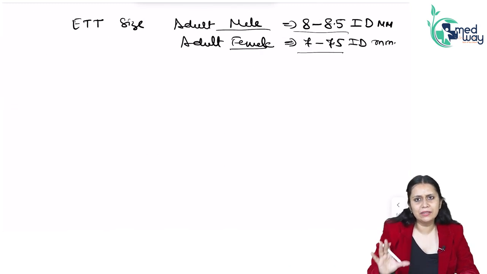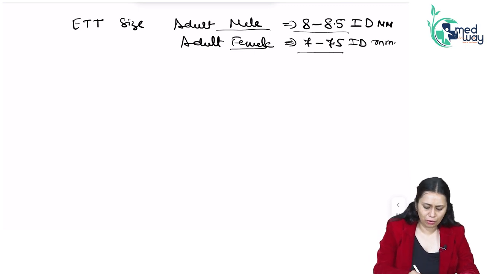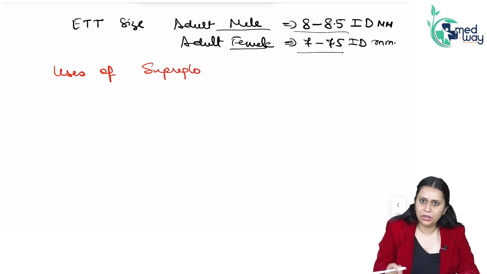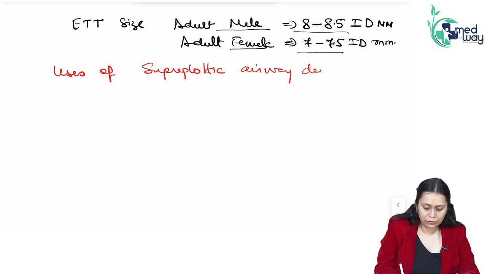Now for ET tube, we discussed the uses during GA, for positive pressure ventilation, for pulmonary toileting, to prevent aspiration. Now what are the uses of your LMA? The uses of all supraglottic airway devices, not only LMA, first generation, second generation, all of them. With the advent of second generation, the use of LMA has expanded.